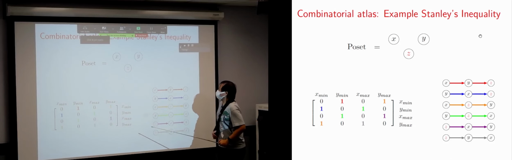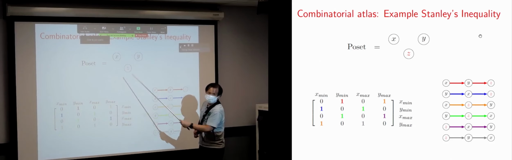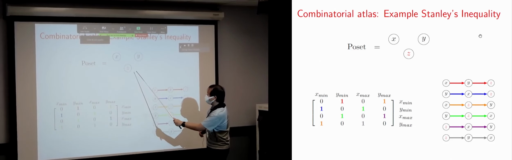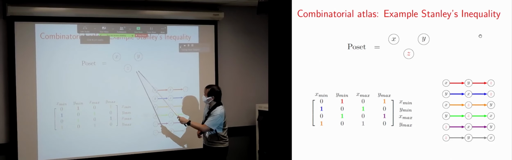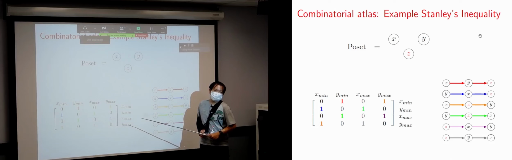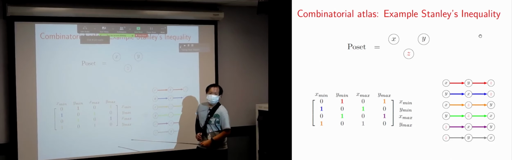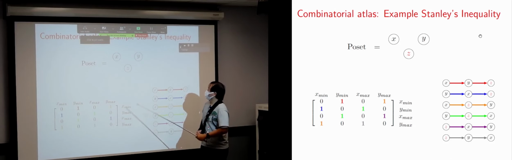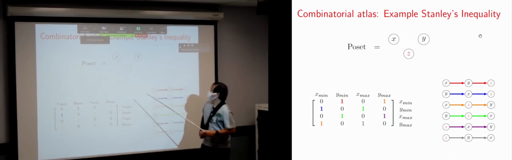Okay? Let me just choose a very simple poset of 3 elements, x, y, z, for Stanley's inequality. And z here is in red because remember, in Stanley's inequality, one element is fixed. This z is that fixed element. For the matrix that is associated to this particular poset, note that z is incomparable. There's no arrow here.